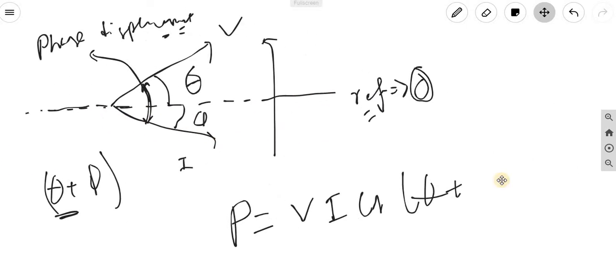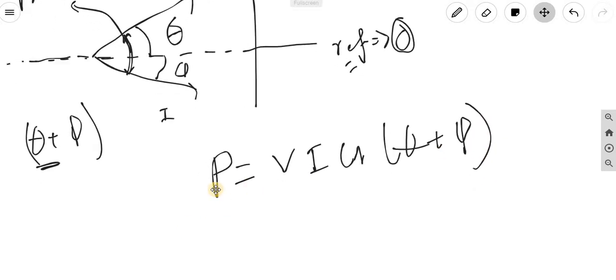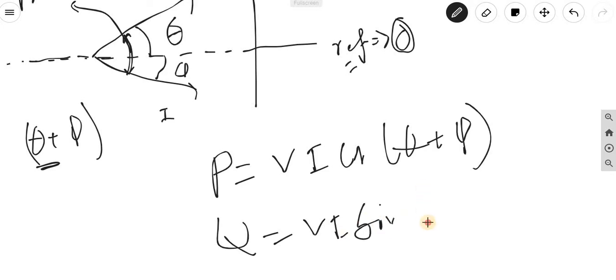But actually what we have to get is P as Vi cos of theta plus phi, and Q, the reactive power, as Vi sin of theta plus phi, because the phase displacement would be theta plus phi.